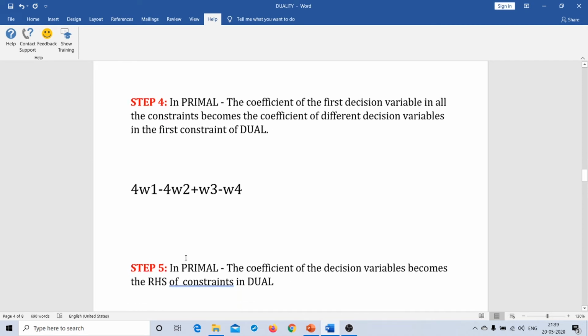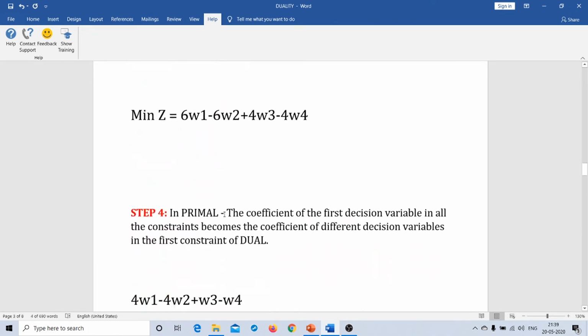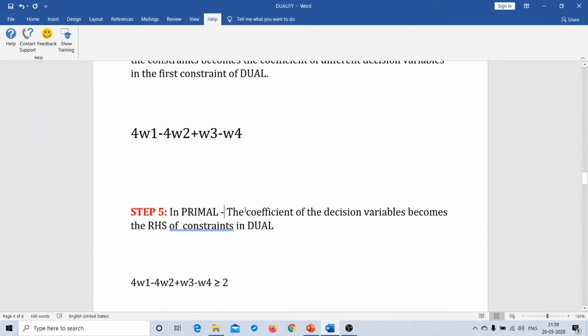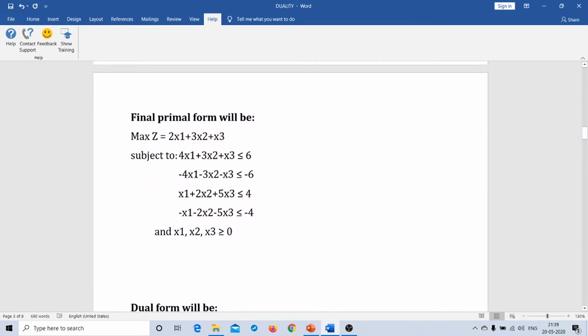Now the next step: in primal, the coefficient of the decision variables becomes the right hand side of the constraints in dual, right? Let us look at it. What are the coefficients of the decision variables? 2, 3 and 1.